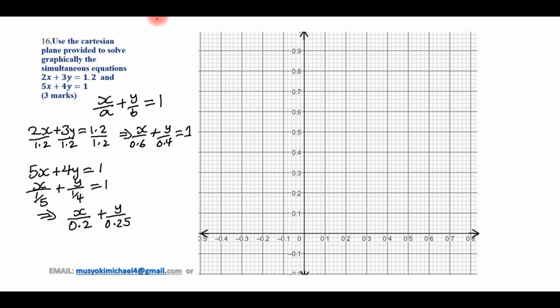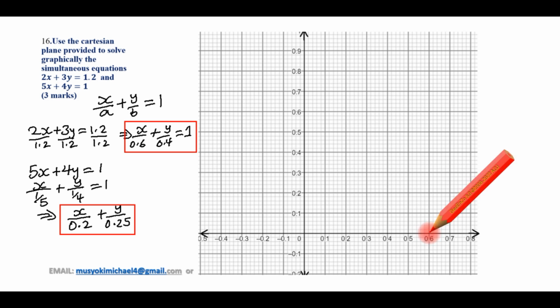Now, this is the equation I'm going to use to plot the points. Now, the first one, the x-intercept is 0.6, so I'm going to put a mark here at 0.6, and then the y-intercept is 0.4, that point.